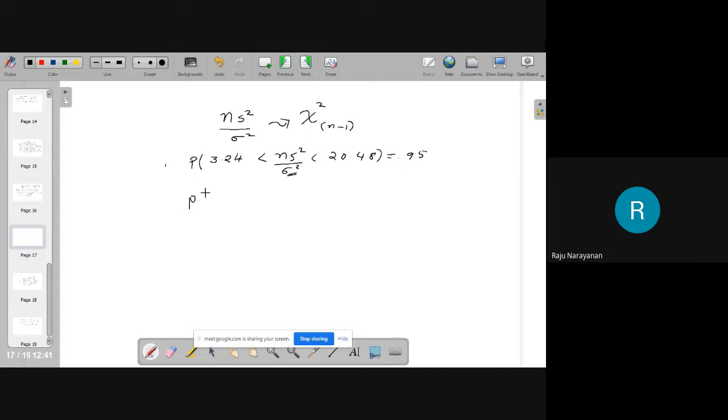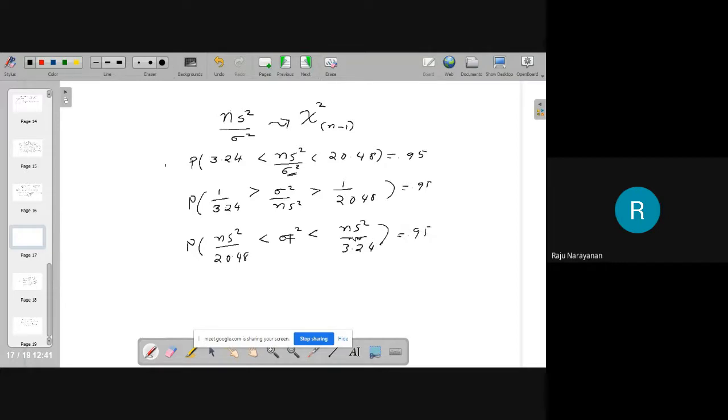Therefore, you reverse it: if A is less than B, then 1 by A is greater than 1 by B. So the probability that n s square by 20.48 is less than sigma square, which is less than n s square by 3.24, is 0.95. Finished.